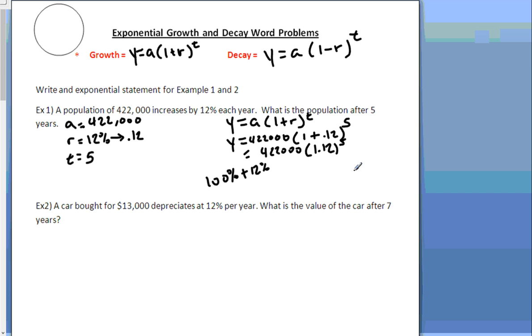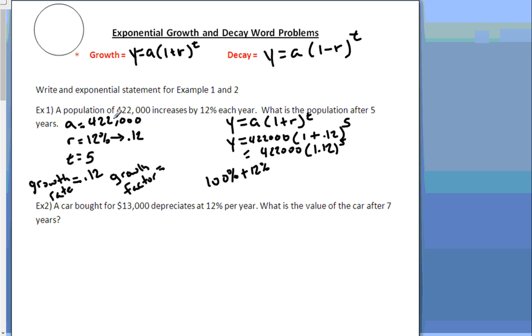Now what's interesting here is something. The growth rate is 0.12, right? The growth factor is different.